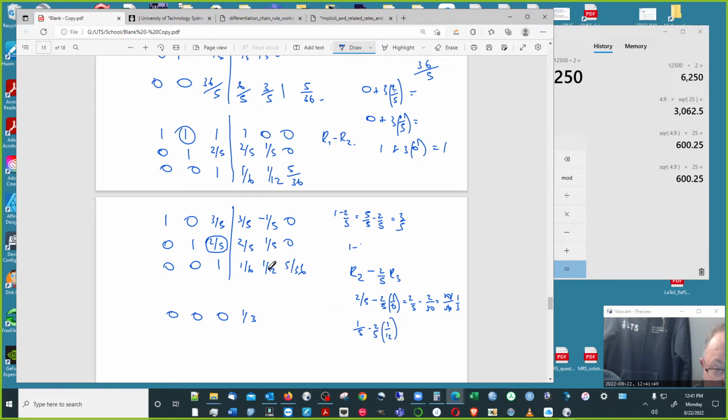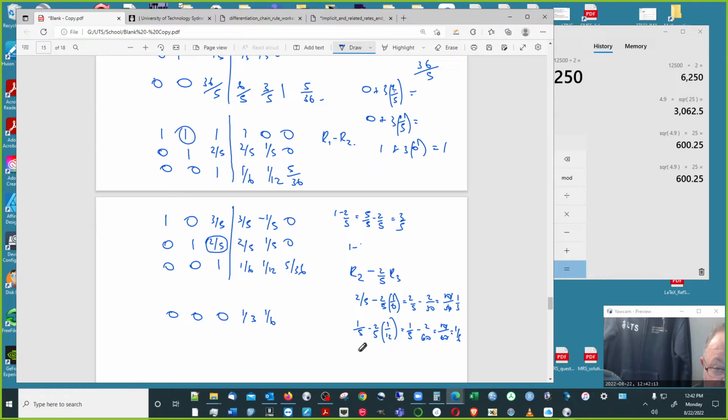So that's 1/5 minus 2 over 60. So 12. 12 minus 2 is 10 over 60, which is 1/6. Look, they always come out if you're prepared to be patient.